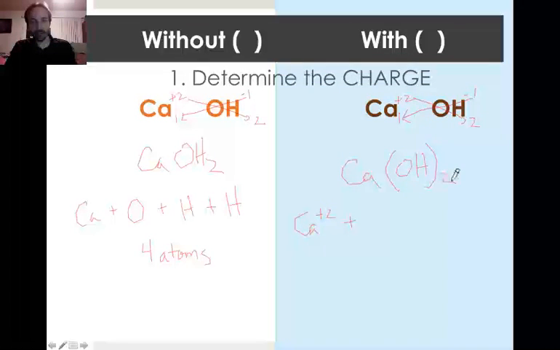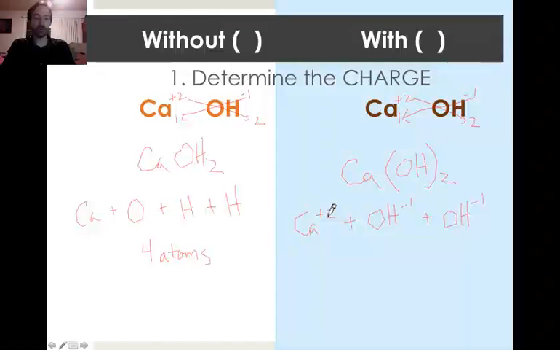I also have 2 hydroxides. So 2 of these guys. And notice the charges add together, -1 plus -1 is -2. Combine that with a positive 2, we get that nice neutral 0 charge that we're supposed to get. Also, if we count up the atoms, we now have 1, 2, 3, 4, 5. So we actually get 5 atoms out of it.